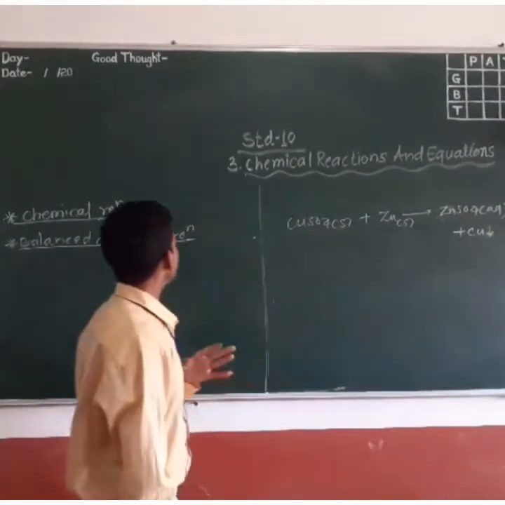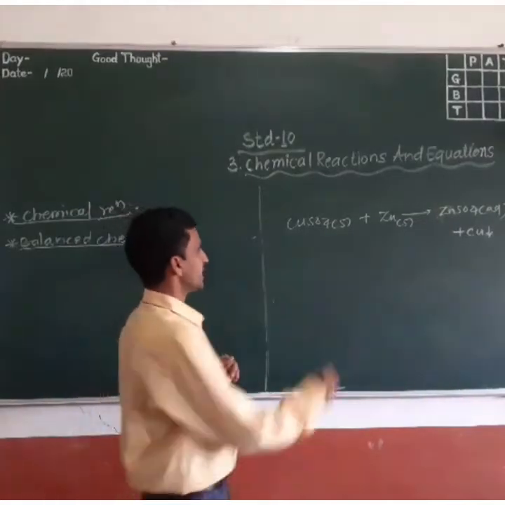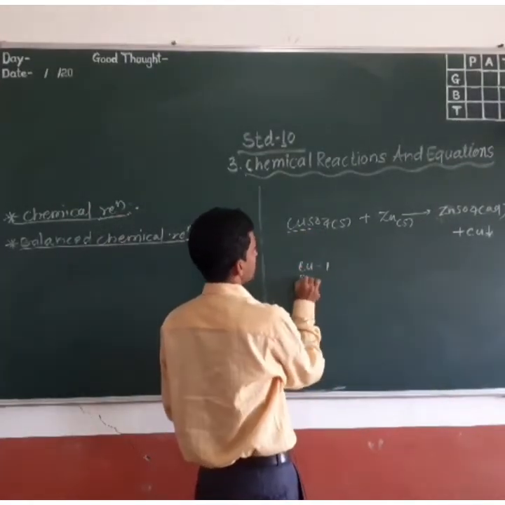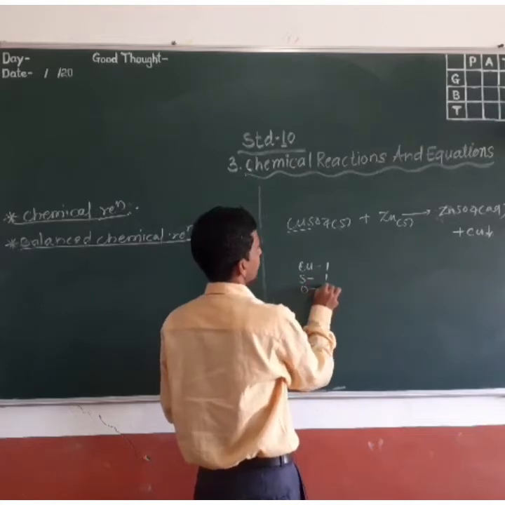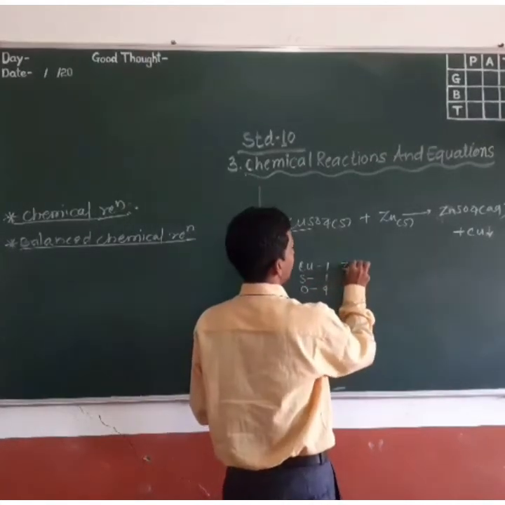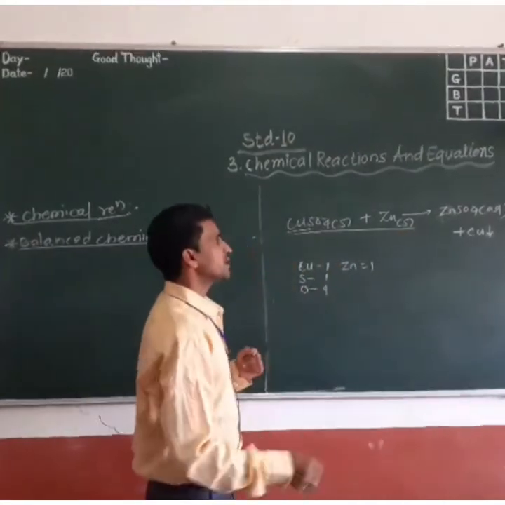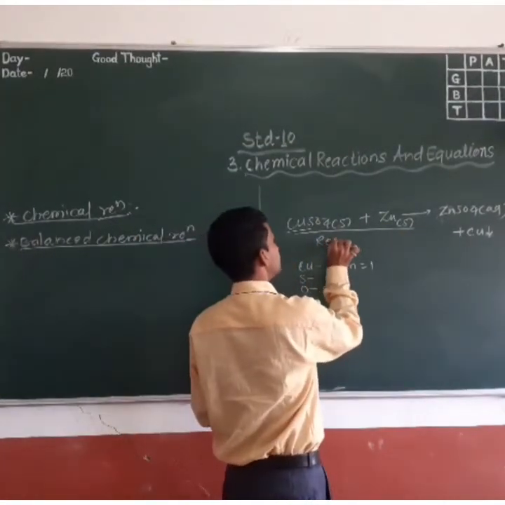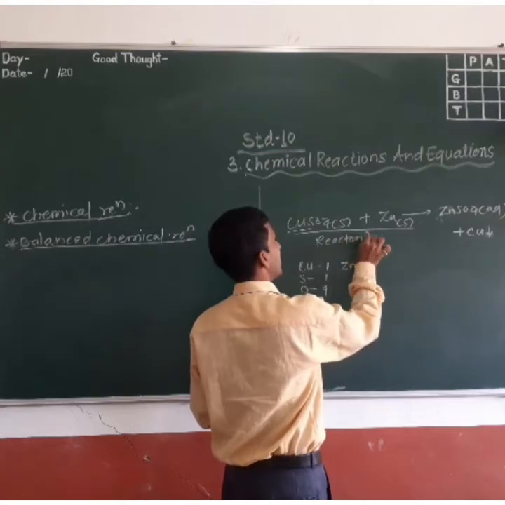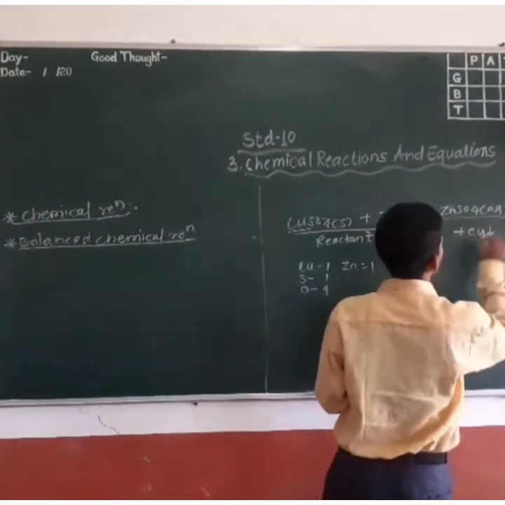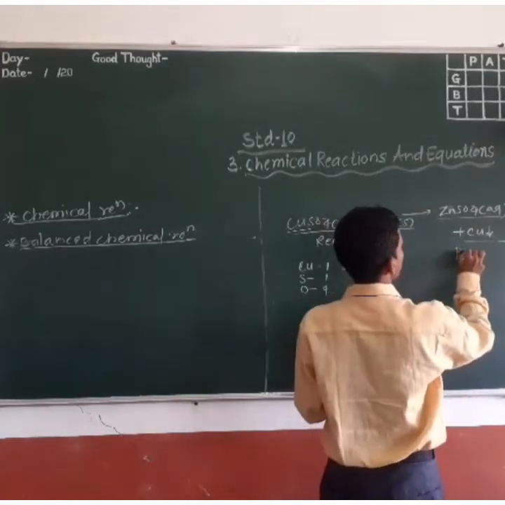This is balancing the equation. Cu is 1, S is 1, O is 4 and Zn is 1. CuSO4 plus Zn is the reactant, and ZnSO4 plus Cu is the product.